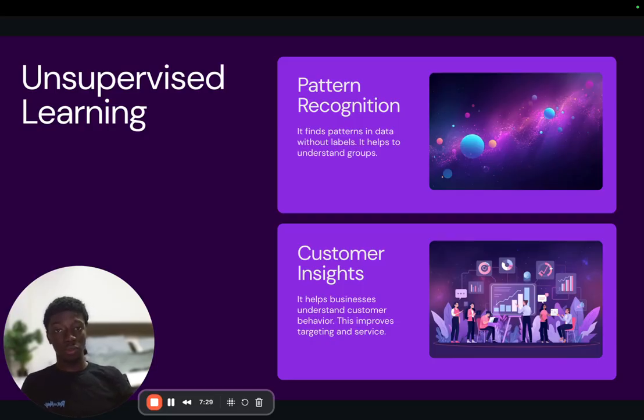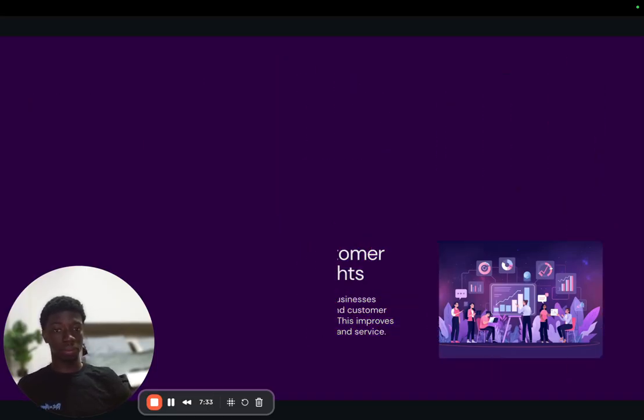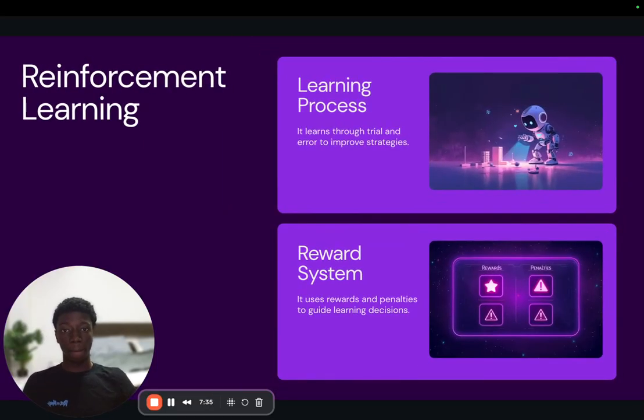Now let's move on to reinforcement learning. This is a machine learning technique based on trial and error. The system interacts with an environment, takes action, receives a reward or penalty, and then learns from that past occurrence.